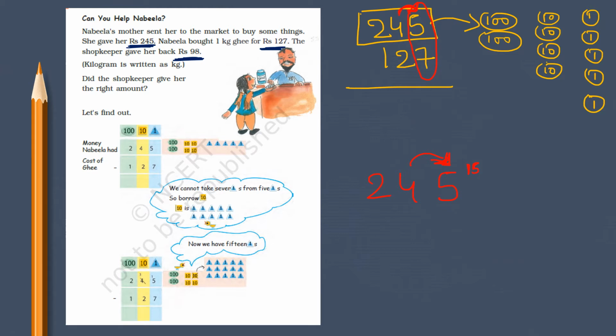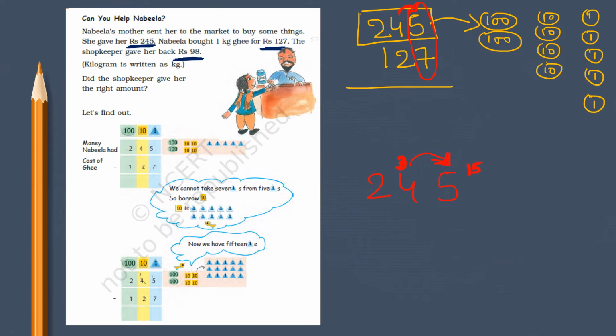And we have here 3 tens because we gave 1, and whenever we carry forward, it is always added like this. We don't do 6 over here, we always do 15.